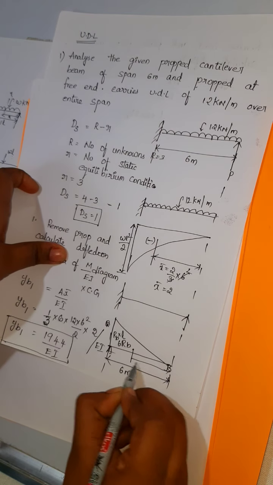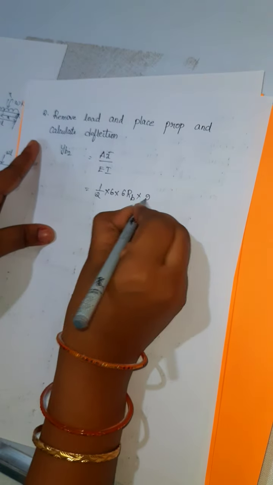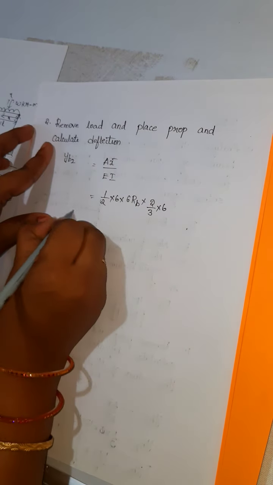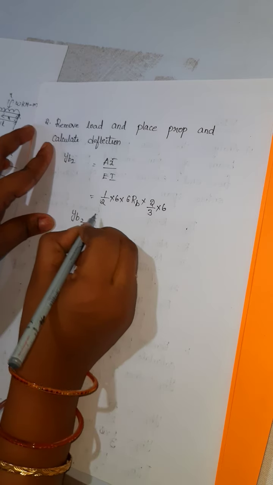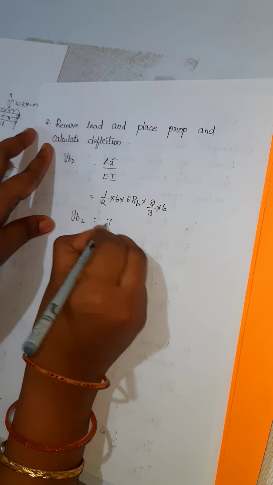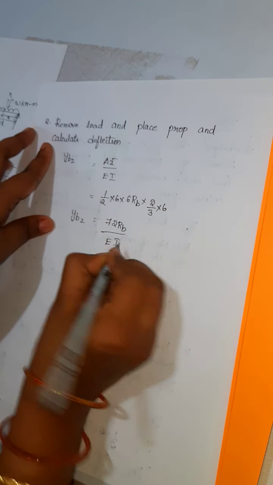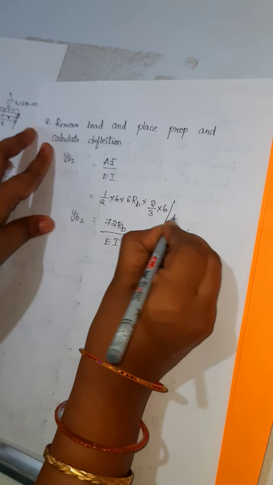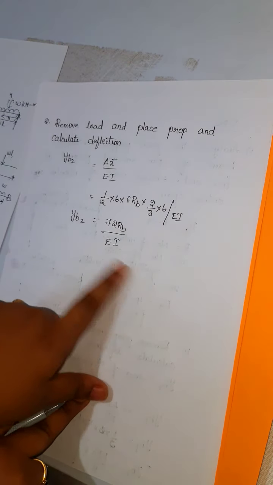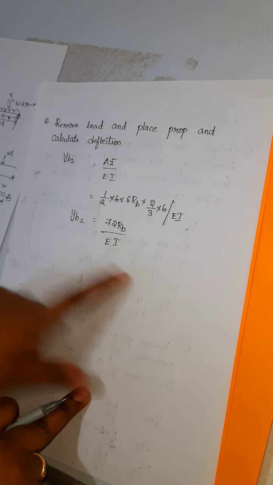This is my X bar value. X bar is nothing but 2/3 of L, so 2 by 3 into 6. So YB2 is equal to 72 RB divided by EI. This is my total. YB2 is equal to 72 RB by EI.